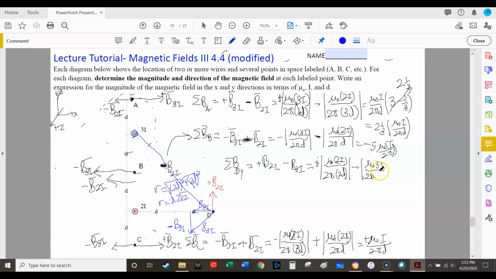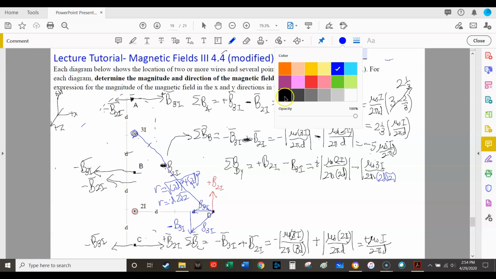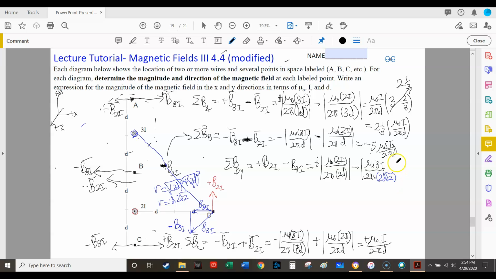So this is going to actually be 2d square root of 2. And we're going to go back to black for that distance, for that magnitude. So that's its component in the y direction. Okay?